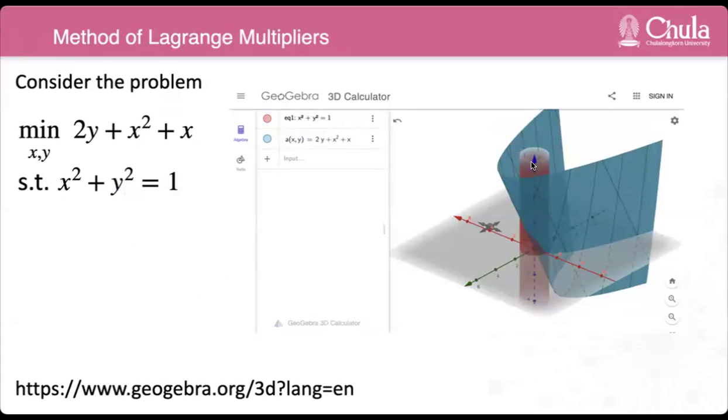The red tube here is our constraint. The feasible region is only on the circumference, on the surface of this tube, because all x and y must satisfy the equation x squared plus y squared equals 1.